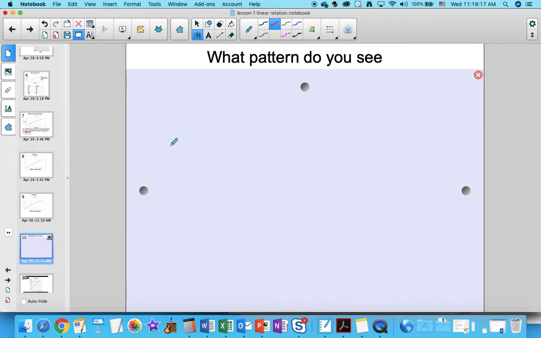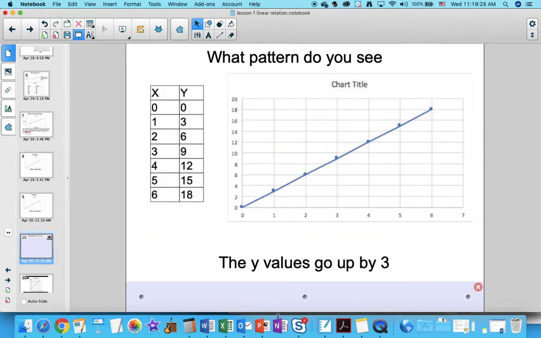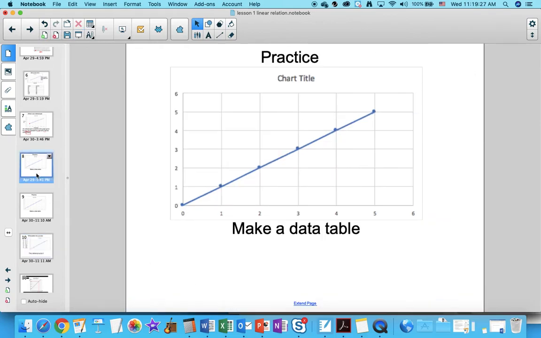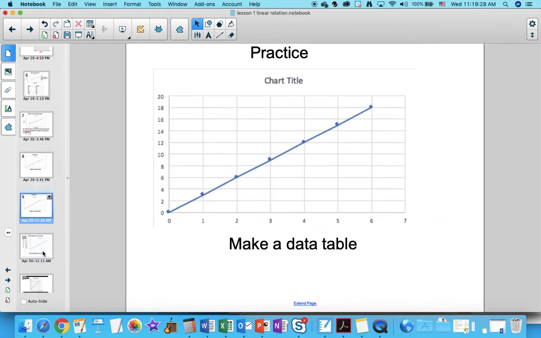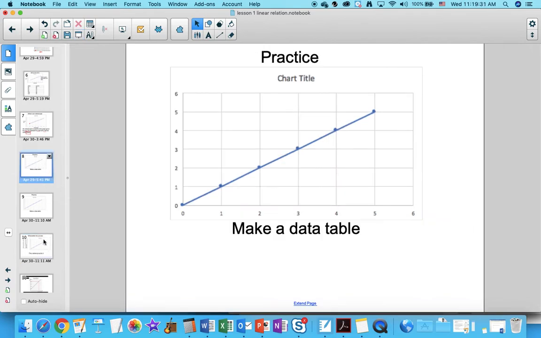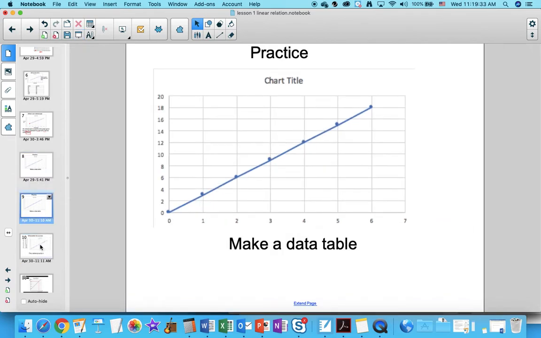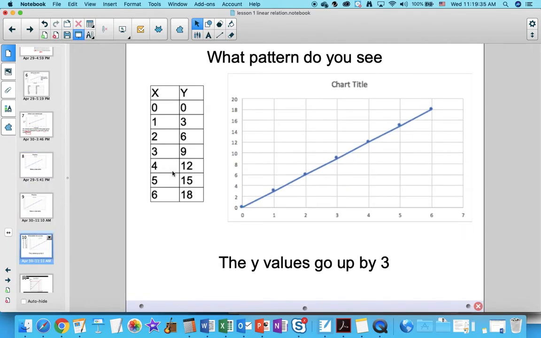What patterns do you see? When you made your tables, what patterns did you notice? Oh yeah, here we go, they match here. You probably noticed that the y values are going up by 3.